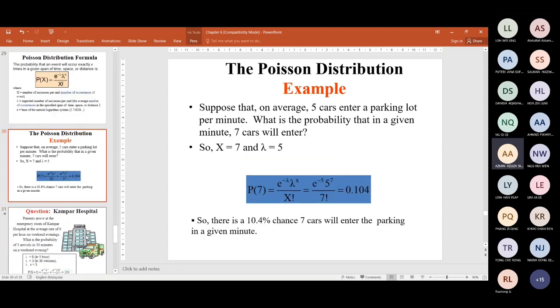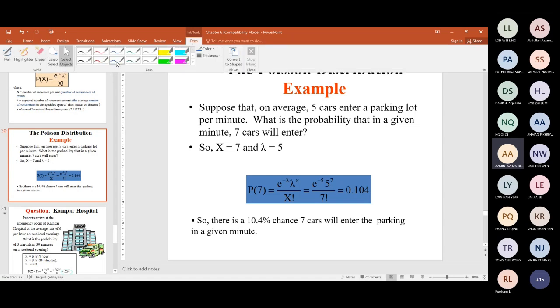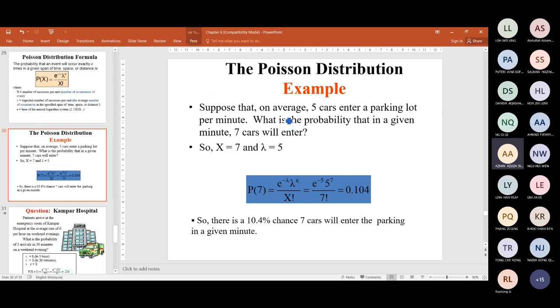Okay, let's look at the example. Suppose that on average, 5 cars enter a parking lot per minute. What is the probability that in a given minute, 7 cars will enter? So you see the difference between this one and the binomial. We have, on average, 5 cars entering the parking lot per minute.